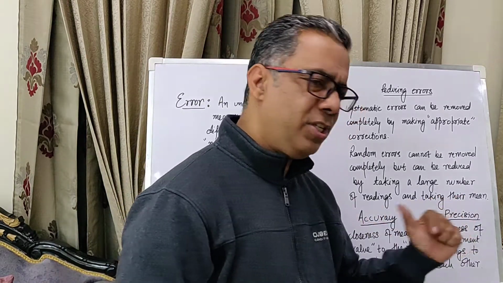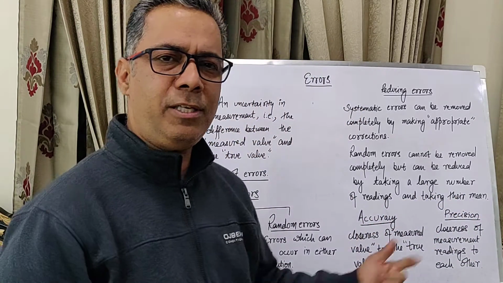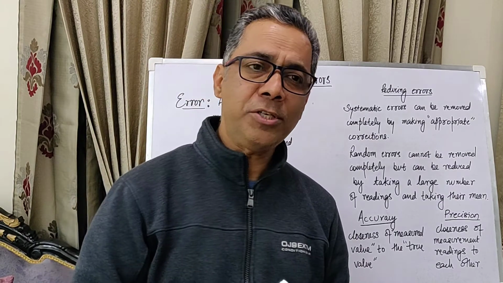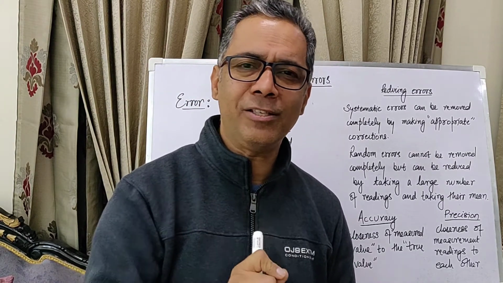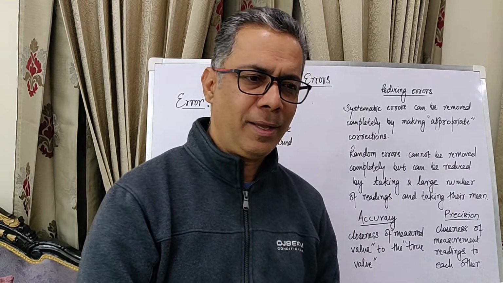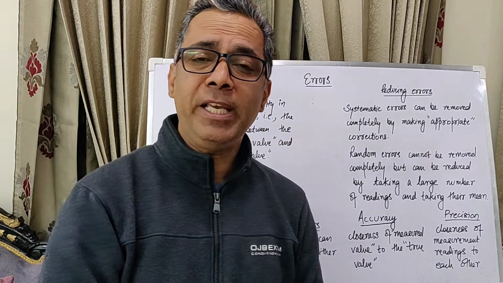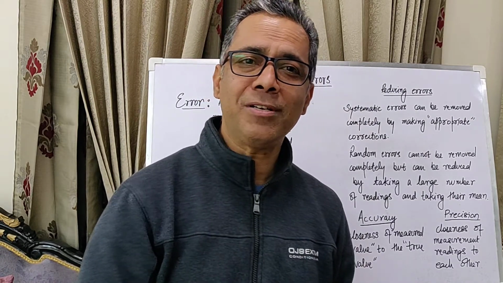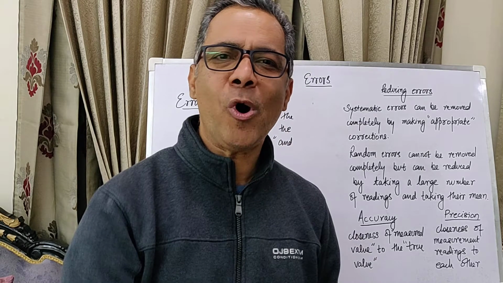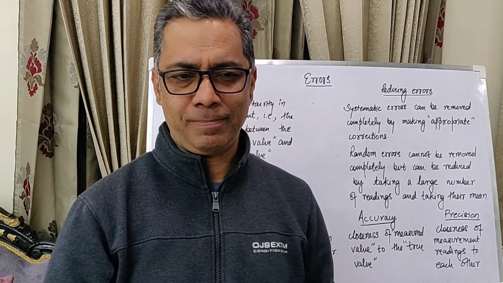Now, the other term, which is often confused with accuracy, is precision. Precision is the closeness of measurement readings to each other. Now, when will measurement readings be closer to each other? That will happen when the instrument that you use has a smaller least count.